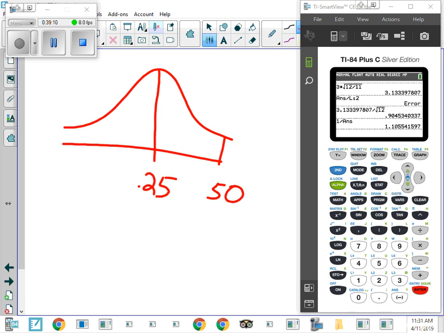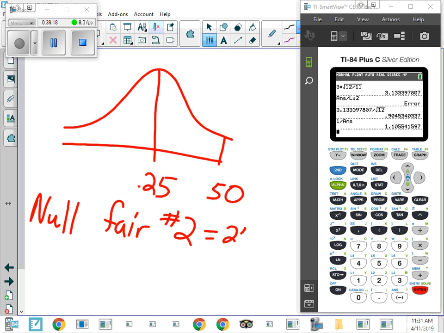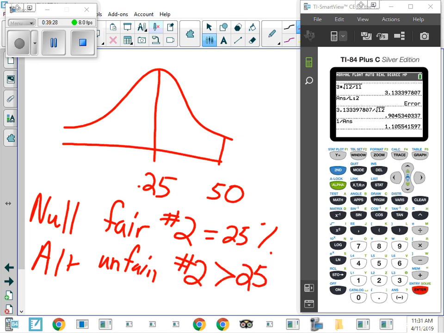So the null says fair, or the number of 2s is equal to 25%. The alternative says unfair, or the number of 2s is greater than 25%. Okay, so I need to create an SD.